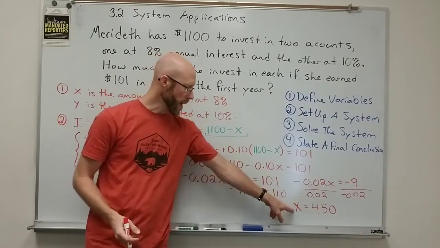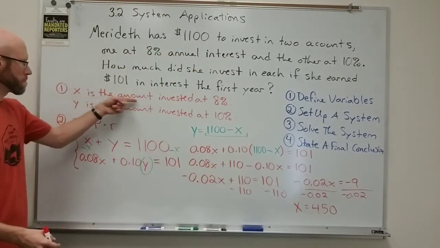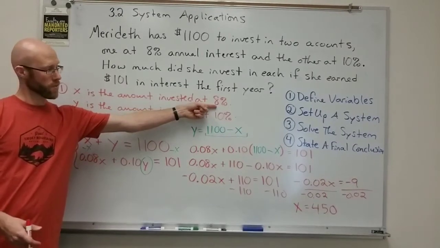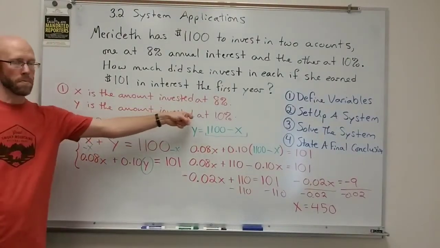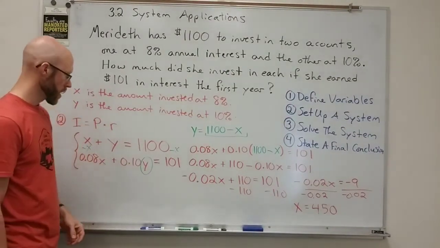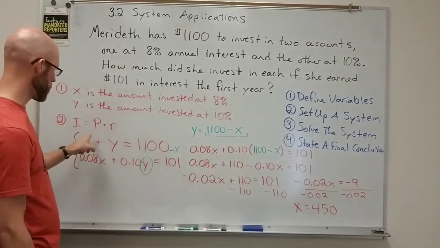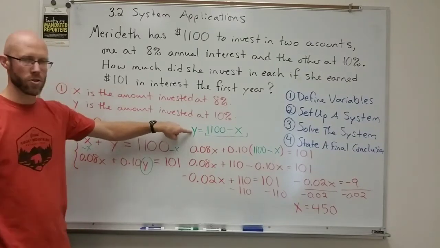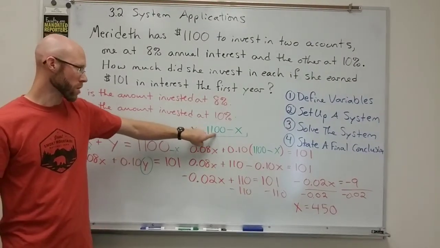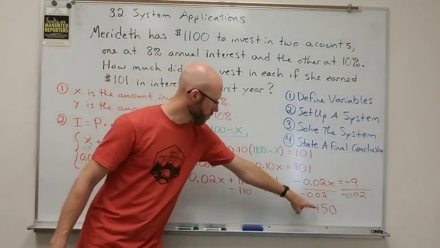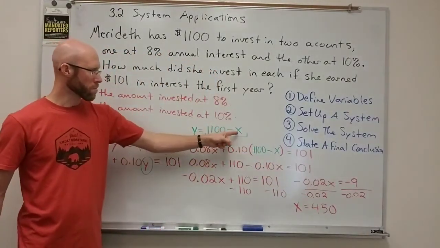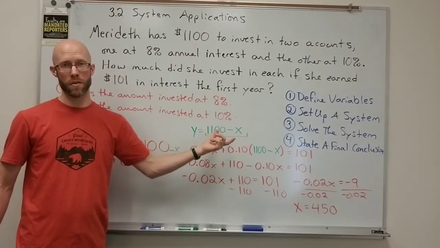Now remember, the x corresponds to the amount invested at 8%, so that's $450 invested there. But then we also need the y value, the amount invested at 10%. To do that, I can substitute back in. I could go back to this green equation here, the y equals 1100 minus x that I wrote in green. I could plug in the 450, and 1100 minus 450 will end up being 650.